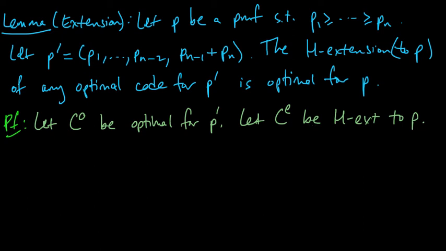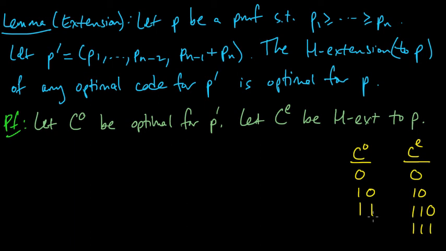So, for example, let's just write down our little example here so we can keep track of things visually. So let's say that CO is this guy. This is our running simple little example. That's CO, and then its extension, well, let's say, is 0, 1, 0, 1, 0, 1, 1, 0, 1, 1, 1.